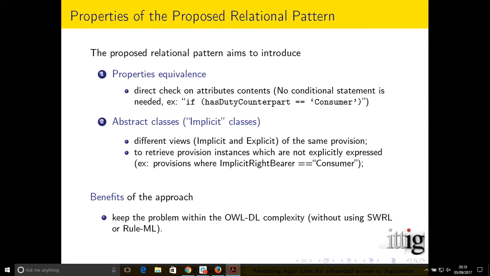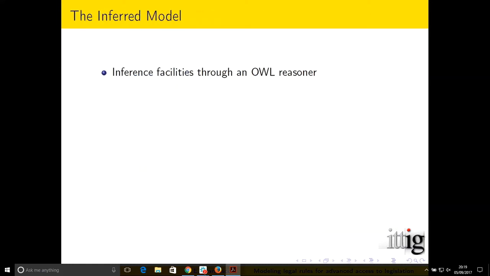Actually, the benefit of the approach is to keep the problem within the DL complexity, which means that you can use existing reasoners for implementing inferences on the model in a finite time.